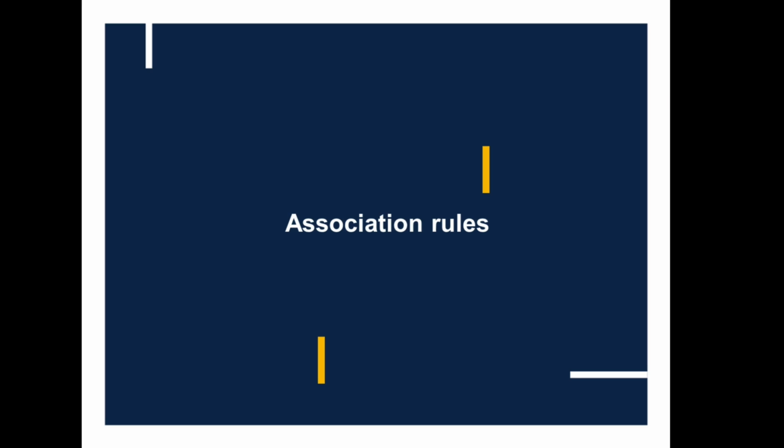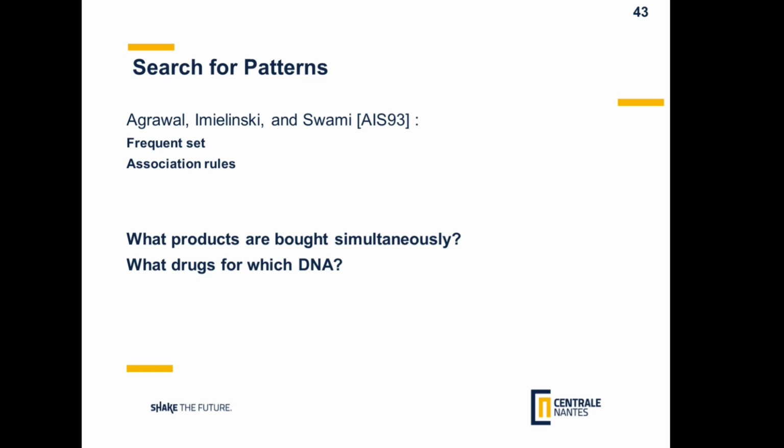So, for instance, if you are looking for association rules, you will be using the Agrawal algorithm. It is the most frequent algorithm which will be embedded in the software you're using. What is the objective?